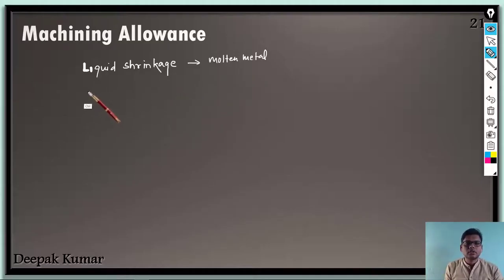And another one was solid shrinkage, which was in the case of solid metal.